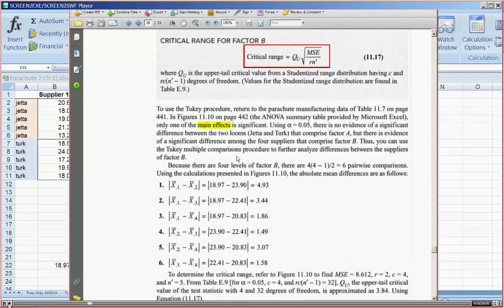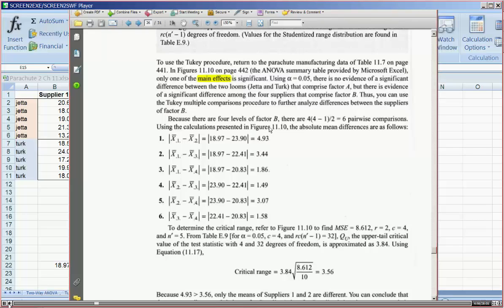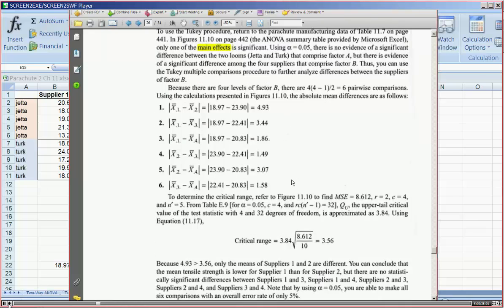But there is evidence of a significant difference among the 4 suppliers that comprise factor B. Thus, you can use the Tukey multiple comparisons procedure to further analyze differences between the suppliers of factor B. Because there are 4 levels of factor B, there will be 6 pairwise comparisons, just like we had before.